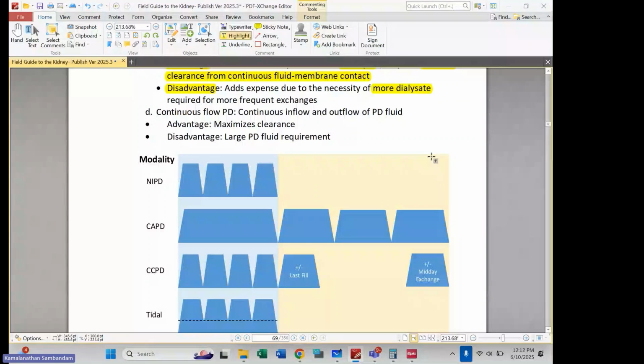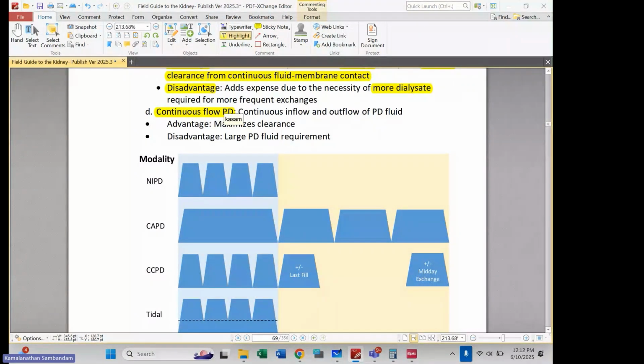Okay. And then we don't ever do this, but we may approximate some form of continuous flow PD where you're really trying to maximize clearance and potentially ultrafiltration in a patient who's, let's say, critically ill, extremely volume overloaded.